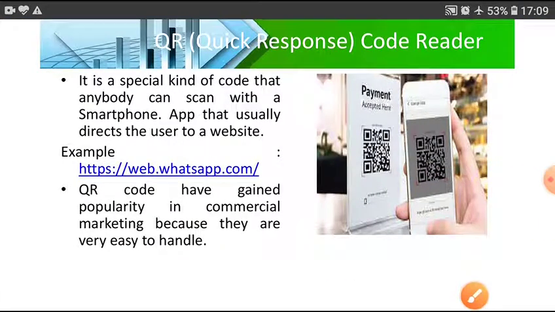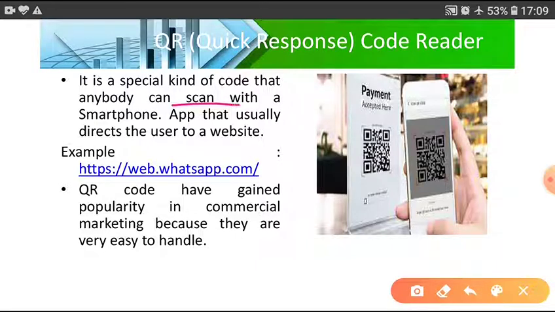Next, QR code scanner, QR code reader. Quick response code. It stands for quick response. It is a special kind of code that anybody can scan with the help of a smartphone app that usually directs the user to a website. Example, http://web.whatsapp.com.